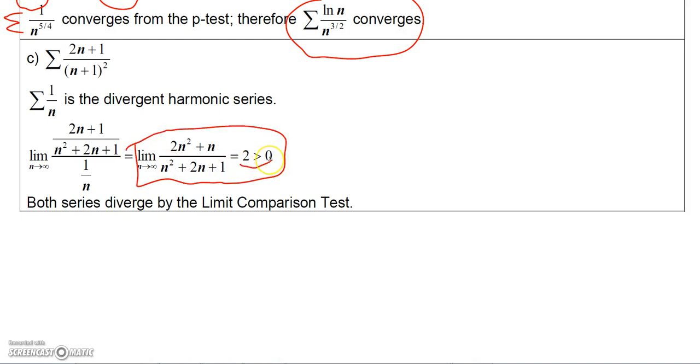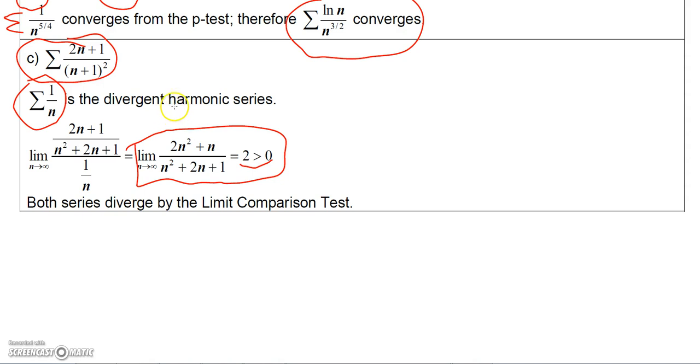Now that doesn't mean it converges. It means that the two series must do the same thing. And so since I compared it with the divergent harmonic series, and I got a number greater than 0, the series that I started with must also be a divergent series.